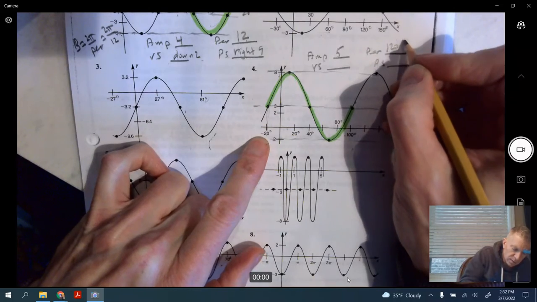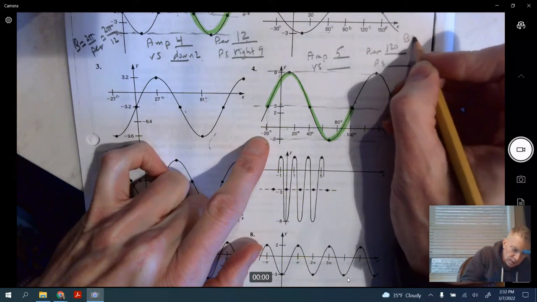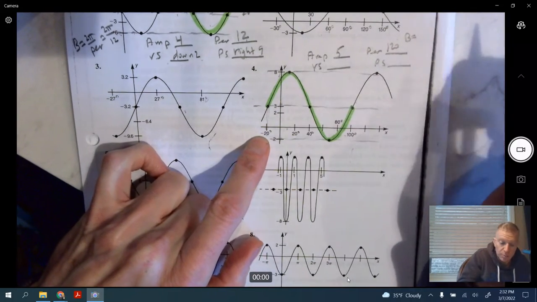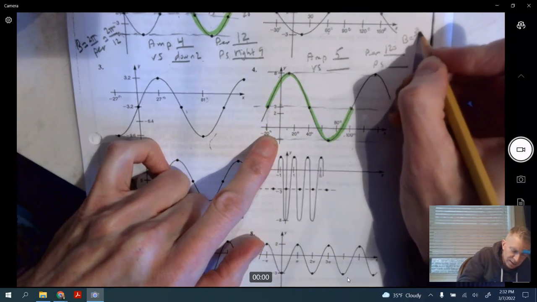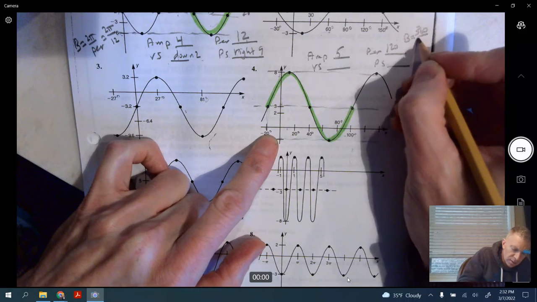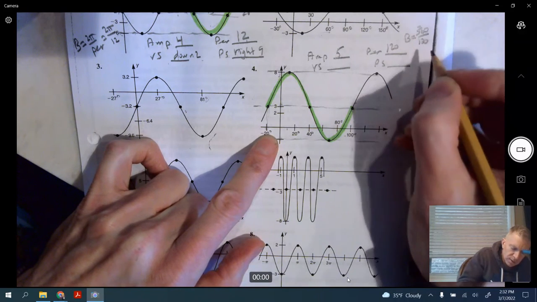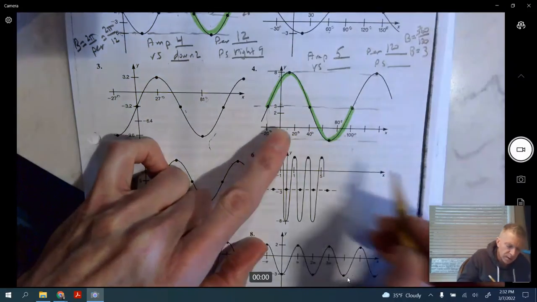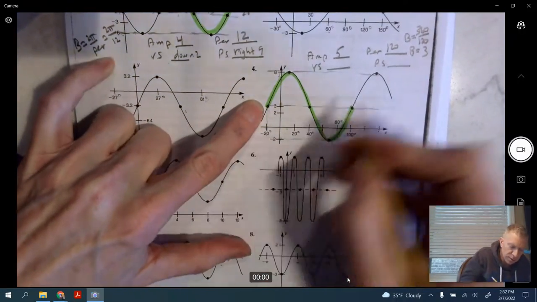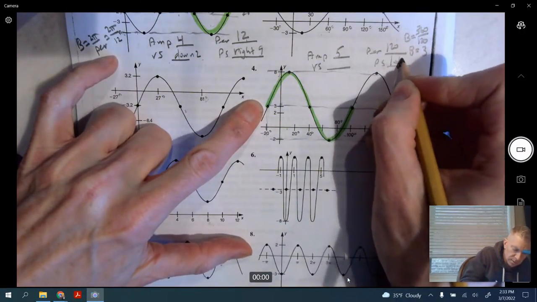So your b value is going to be 2 pi over the period, or since this is degrees, it's 360 over the period, over 120. 360 over 120, so your b value is 3. In my phase shift, I'm starting here, so I'm going to say left 20.